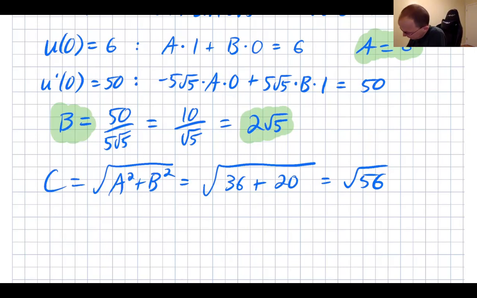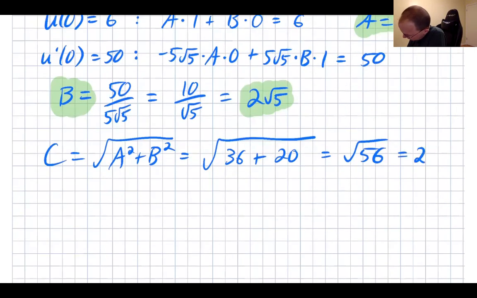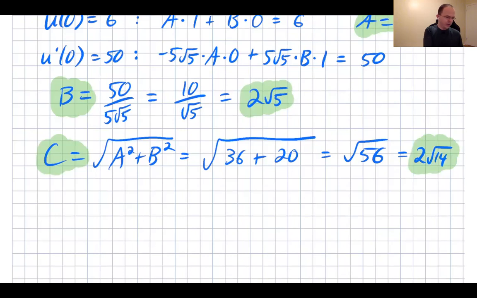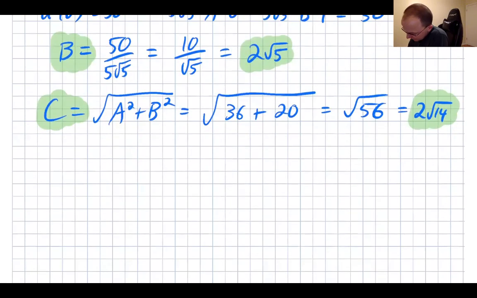So that is equal to 2 root 14. Okay, I feel like I want to check this before I go any further with this one, because it's kind of a funny number. 2 root 14. Okay, that's what I have. Okay, great.